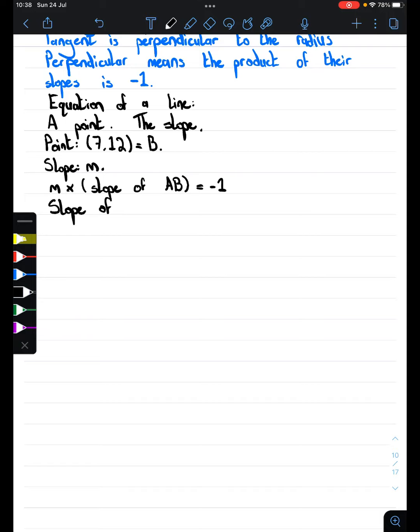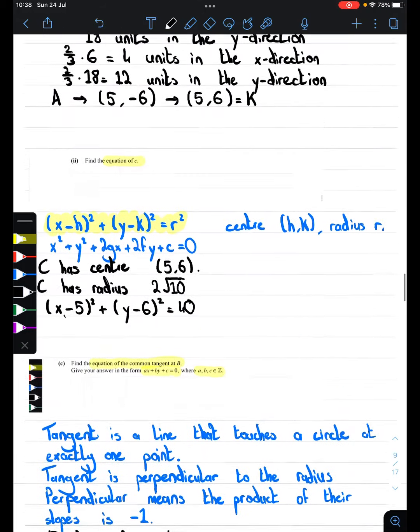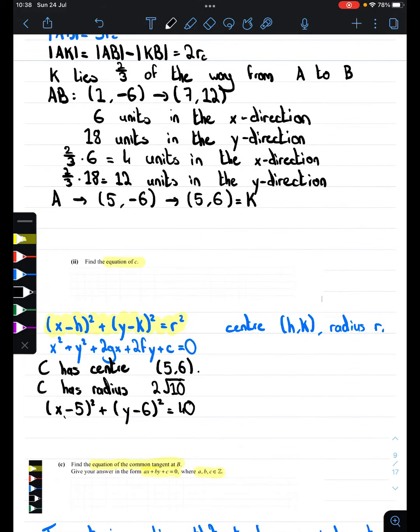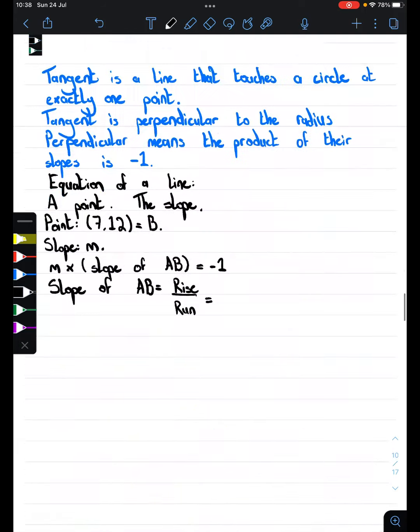The slope of AB equals the rise over the run. And the rise is 18. Remember, we did that: 18 units in the y direction and 6 units in the x direction. So it's 18 over 6 equals 3. So m times 3 equals -1. So m equals -1 over 3.